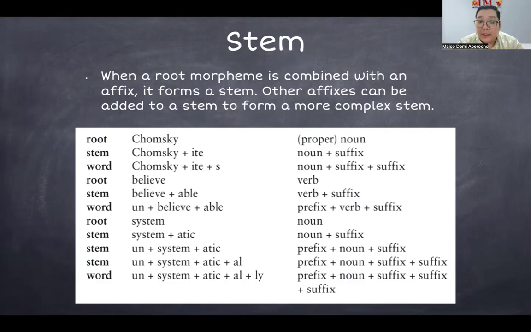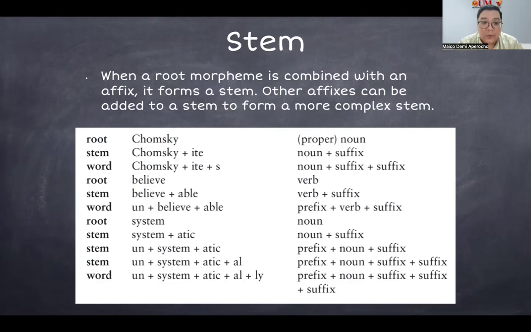Next example: believe is a verb. But when we add the suffix able to make it believable, we are forming verb plus suffix. Believe in that case becomes a stem. And then if we affix another prefix to make it unbelievable, following the prefix verb suffix formula, it becomes a word now. Another example: system is a noun, so it's a root only. But when we add the suffix atic to make it systematic, noun plus suffix, system here becomes a stem.